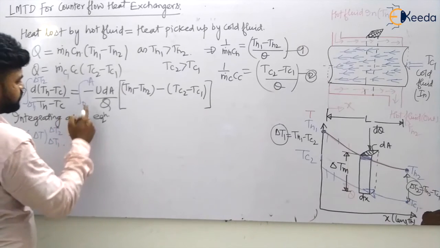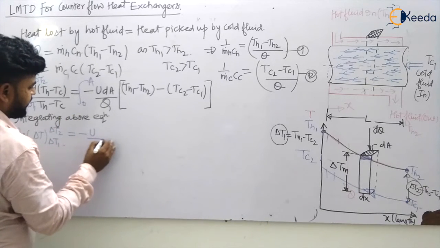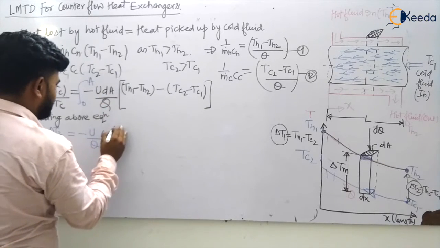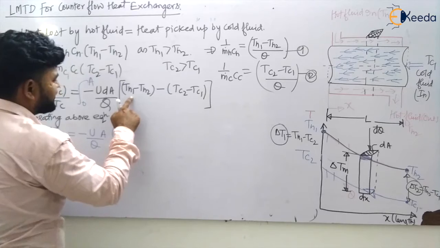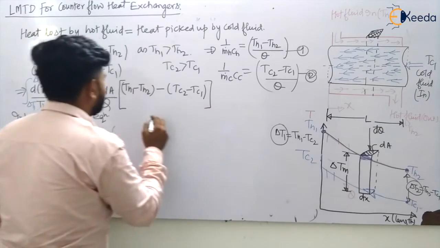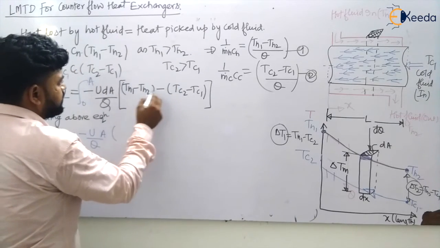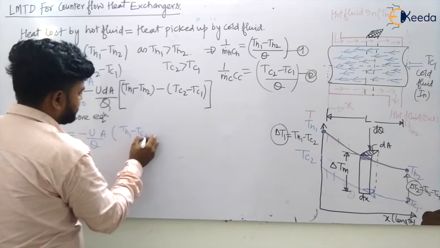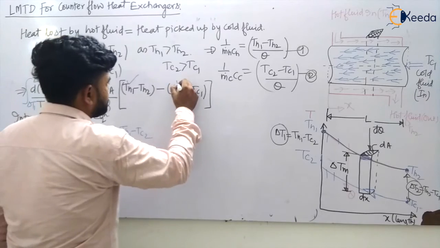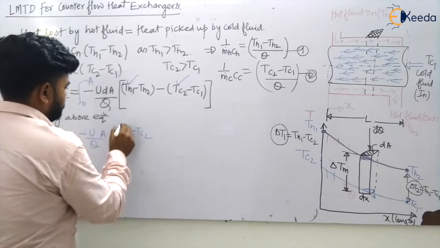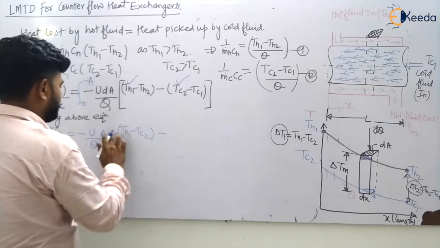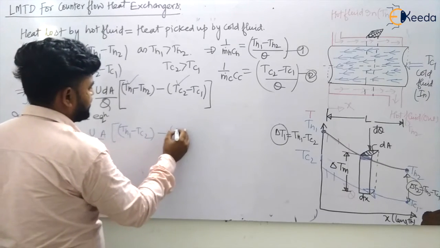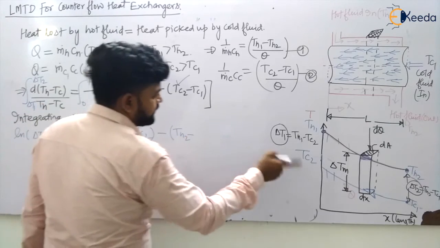This is equal to minus U by Q, and dA will become A, multiplied by Th1 minus Tc2 minus Th2 minus Tc1.